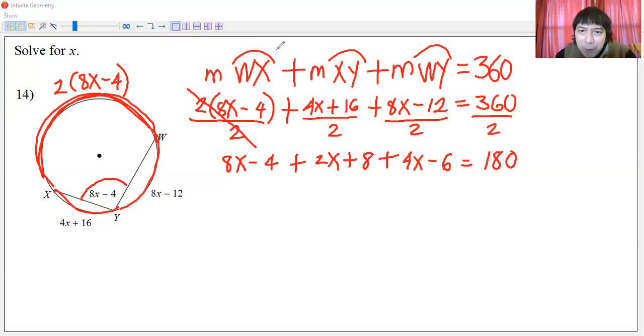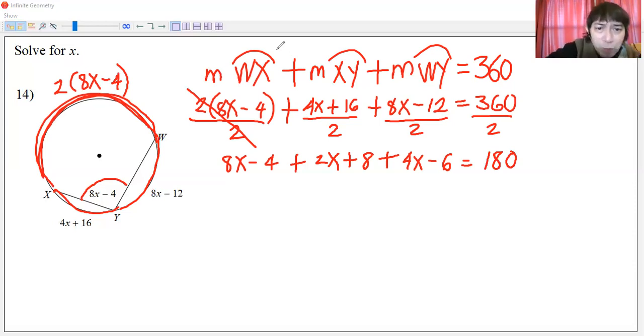Let's combine like terms. We can still further divide by 2. Yes, we should have divided by 4, but then we would have a complication with the parentheses. Let's minimize the numbers again.